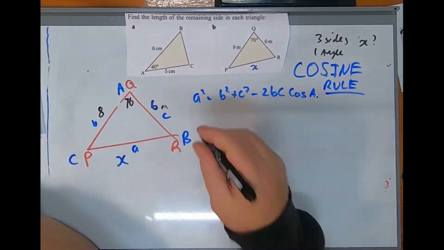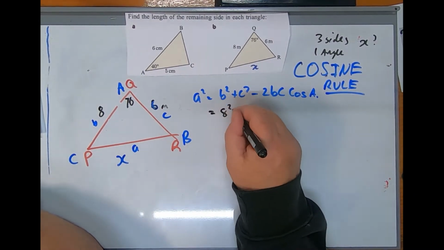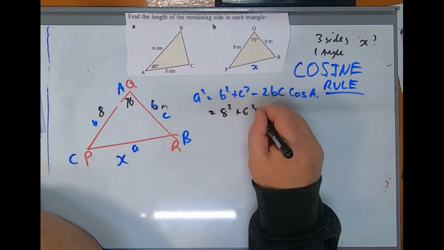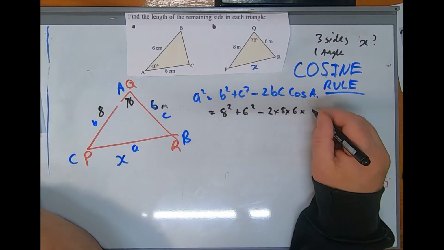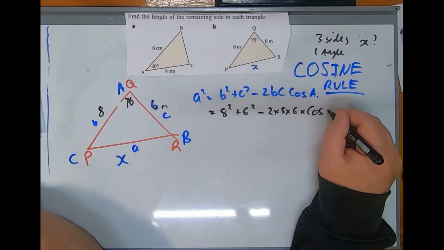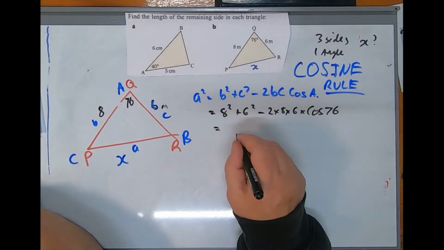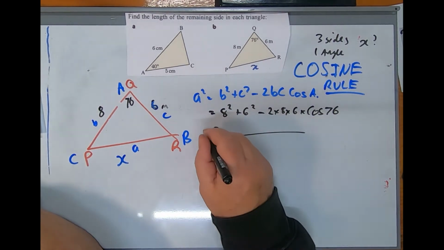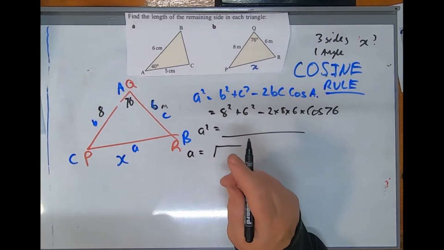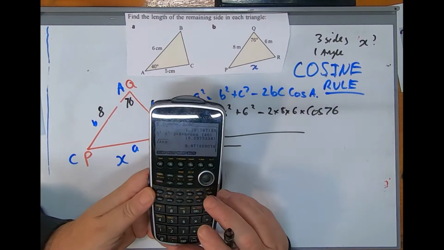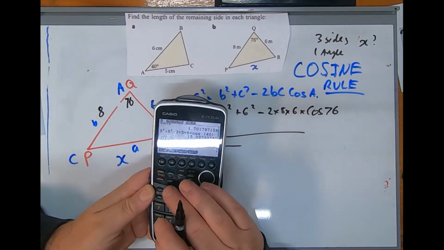Let's go. Instead of b, I write 8. Instead of c, I write 6. 2 times 8 times 6 times cos, this question, 76. Calculator time. We get an answer, and then we're going to find the square root of that number. Okay, 8.